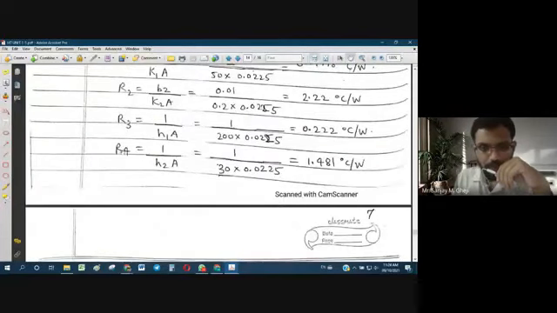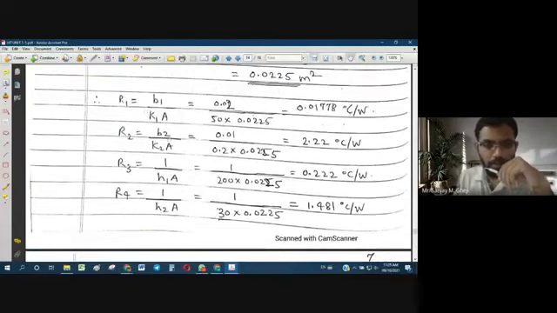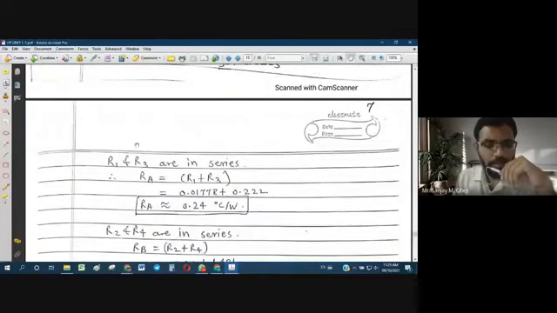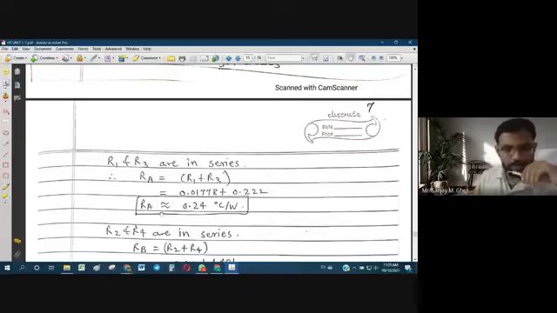In the same way, resistance R4 is 1 upon H2 into A. H2, the heat transfer coefficient, is 30. Put in the area, you get 1.481 degrees Celsius per watt. So all four resistances are now calculated. Now from the diagram we have seen R1 and R3 are in series. So let us say RA on the A side is the series resistance, so it is R1 plus R3.